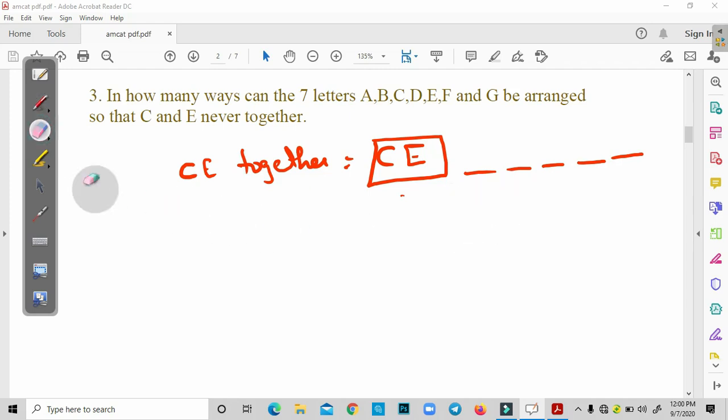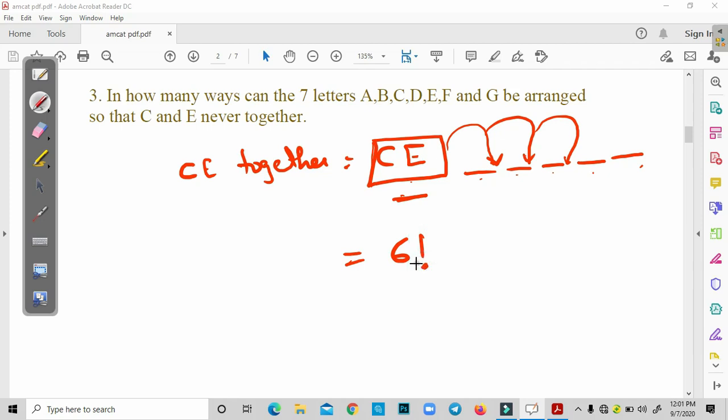Now guys, you may ask, if I place CE here, they are together; if I place CE here, then also these 2 are together; and here also. How are you going to solve these problems? Simply make the letters a group and take it as 1 position. Now 1, 2, 3, 4, 5, 6. I got 6 positions, so I can arrange them in 6 factorial ways.